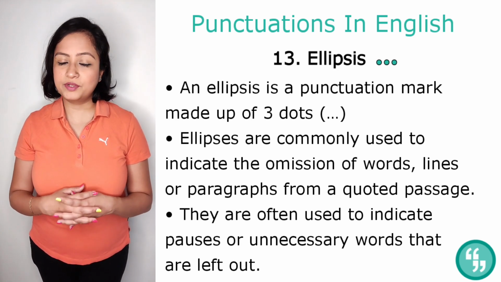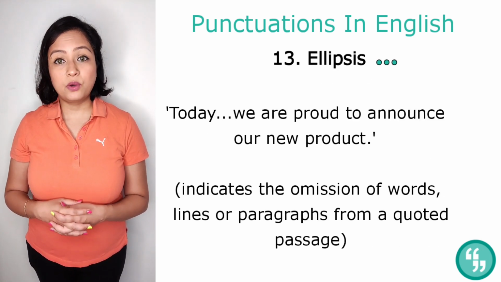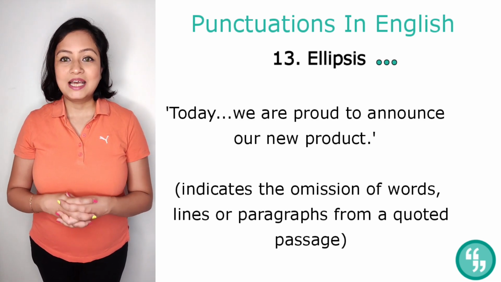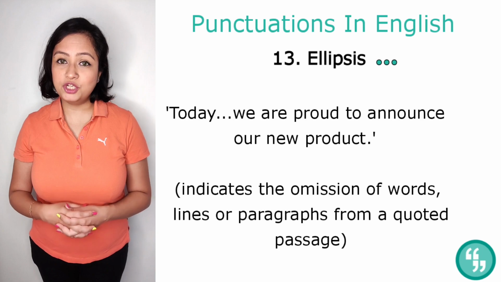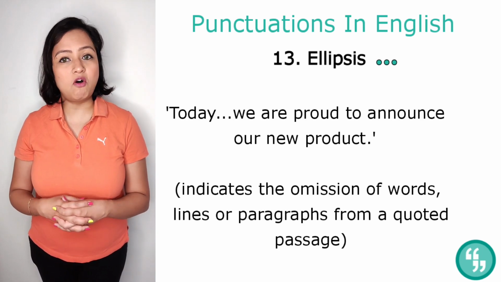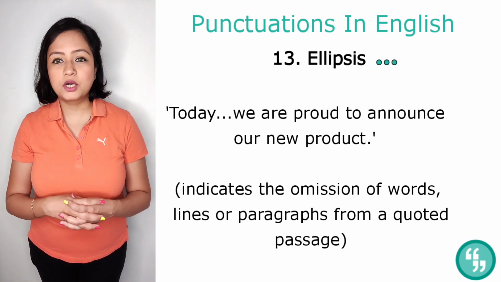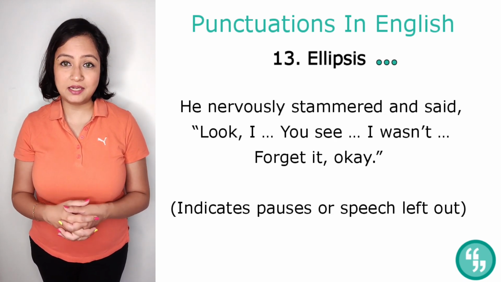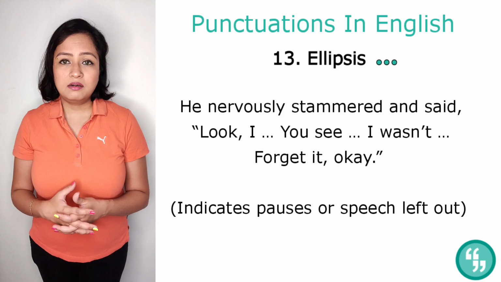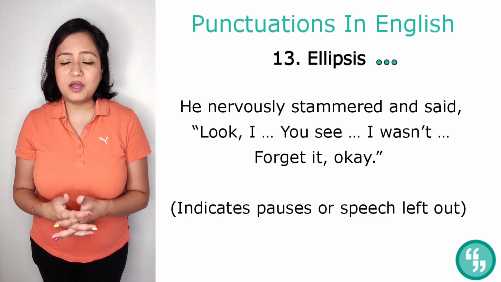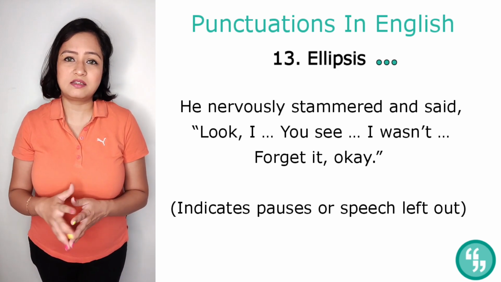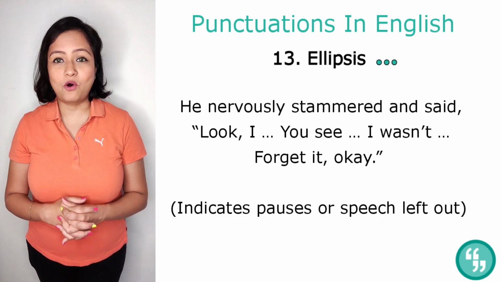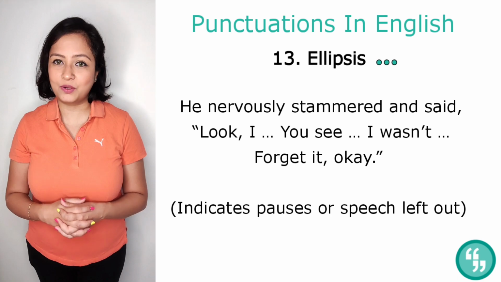For example, today we are proud to announce... our new product. This indicates the omission of words, lines, or paragraphs from a quoted passage. He nervously stammered and said, "Look, I... wasn't... forget it." Okay. This indicates pauses or that the speech is left out.